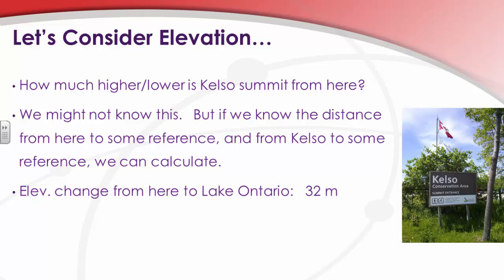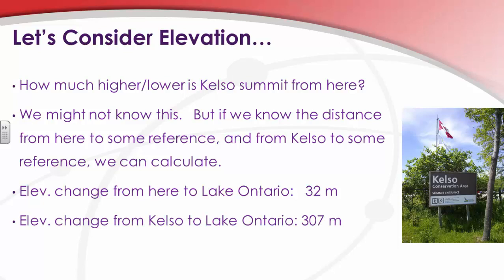So if we know that the elevation change for our location to a known elevation level, let's say Lake Ontario, is 32 meters difference, and if we know that the elevation change between Kelso and Lake Ontario is 307 meters, well then we have our answer pretty easily. So all we have to do in that case is just simply subtract, and our elevation change between here and Kelso then would be 275 meters.